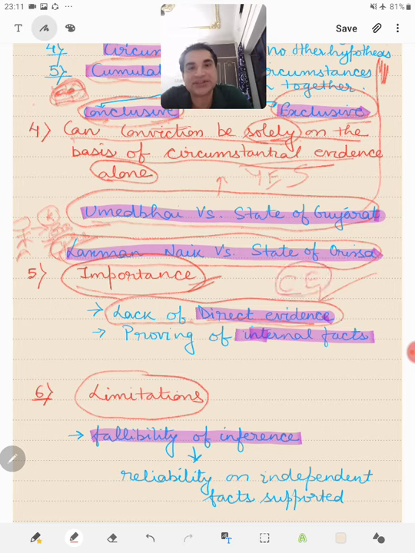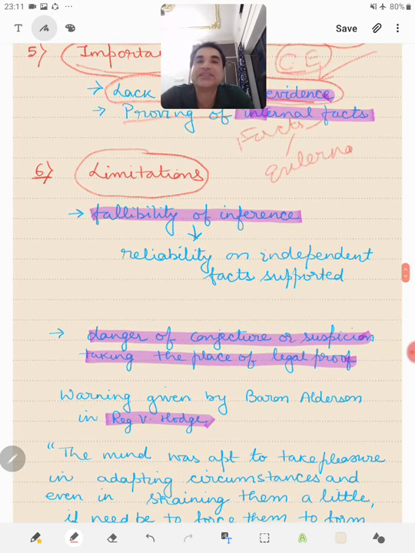Similarly, another thing is that, as we have already seen, facts are of two types. One is internal facts and another is external facts. External facts are those facts which are perceived by our senses, while internal facts are those facts which are based on the things of which a person is conscious. That is, these are psychological facts, mental facts. For example, intention, knowledge.